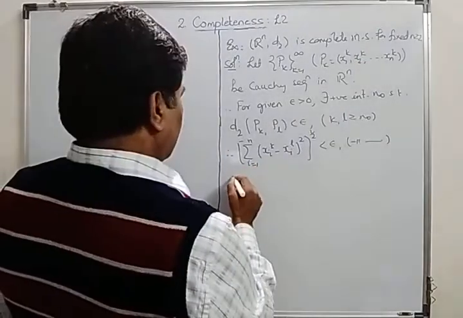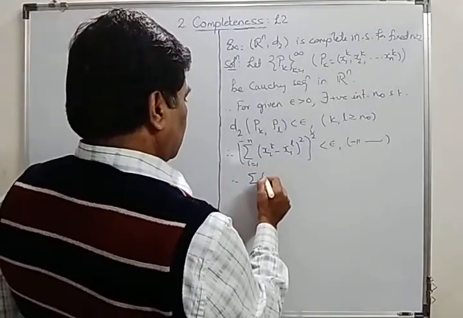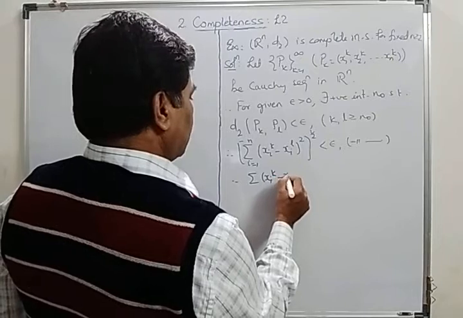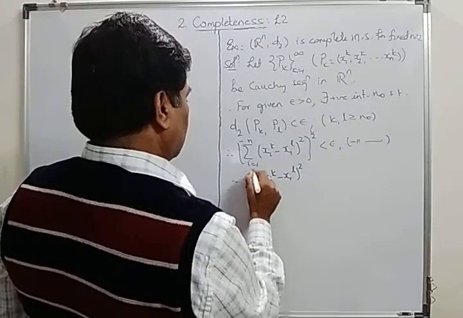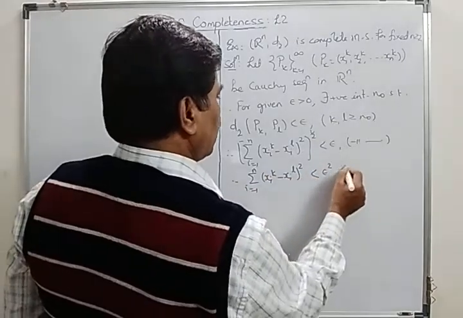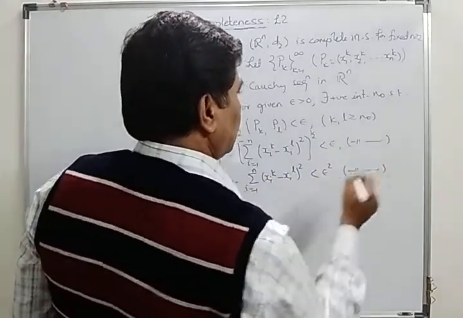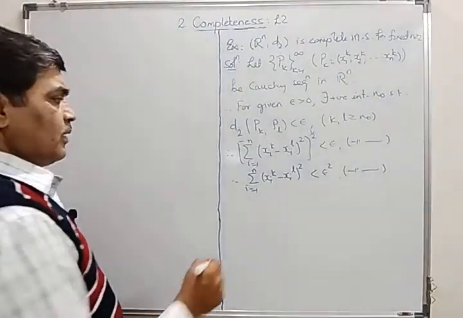If I take the square, therefore the summation of (xik minus xil) squared, i equal to 1 to n, must be less than epsilon square for any k, l greater equal n naught.